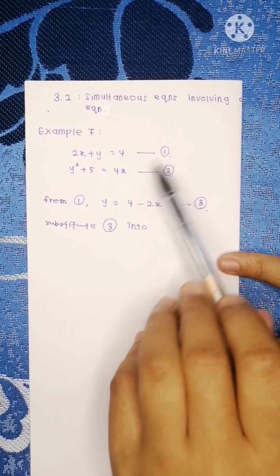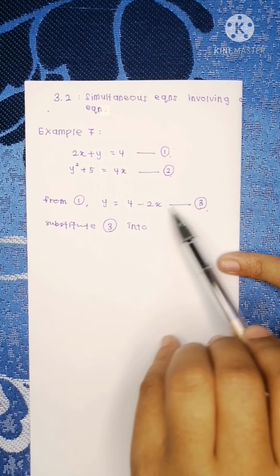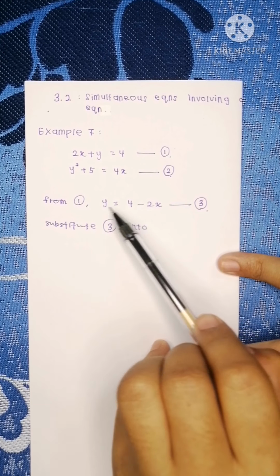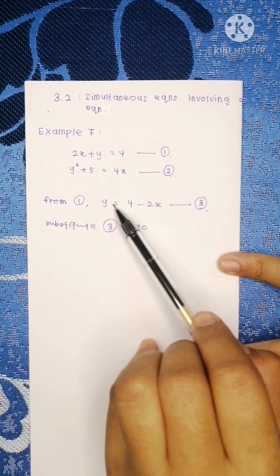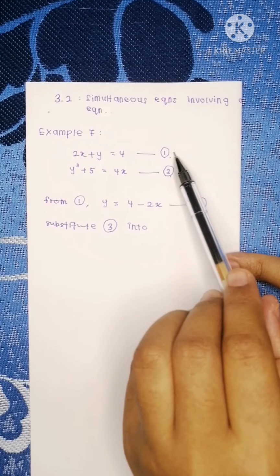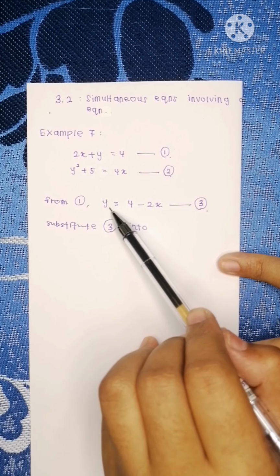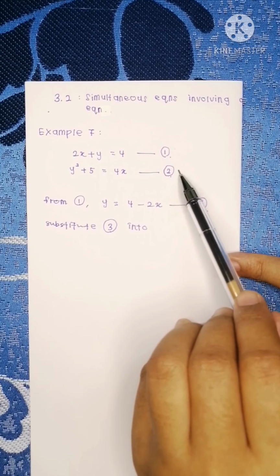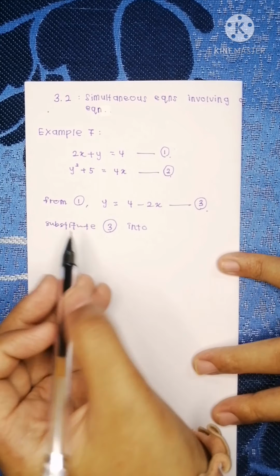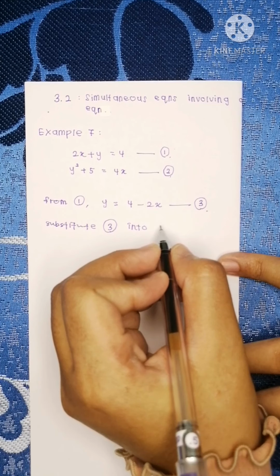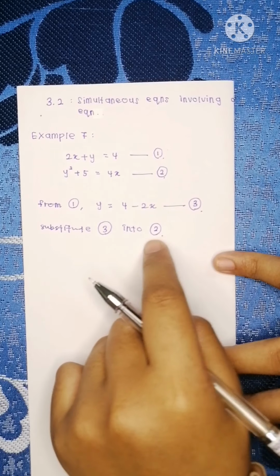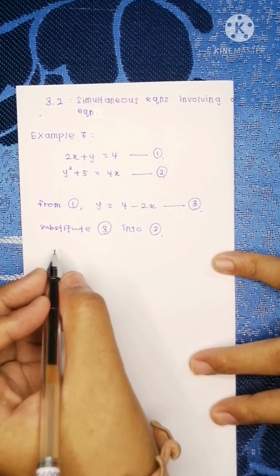If you want to apply the substitution method, from the y as the subject here, you need to substitute into the other equation. This one we already made y the subject, so we need to substitute into the second equation here. So substitute 3 into equation 2 like this.